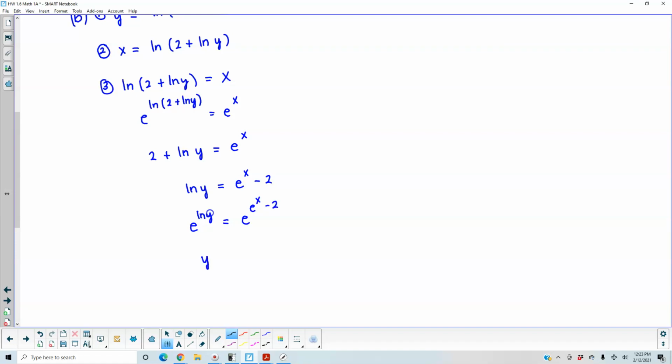So therefore, y is going to equal e to the power of e to the x minus 2. And so therefore, f inverse of x is going to equal e to the power of e to the x minus 2.